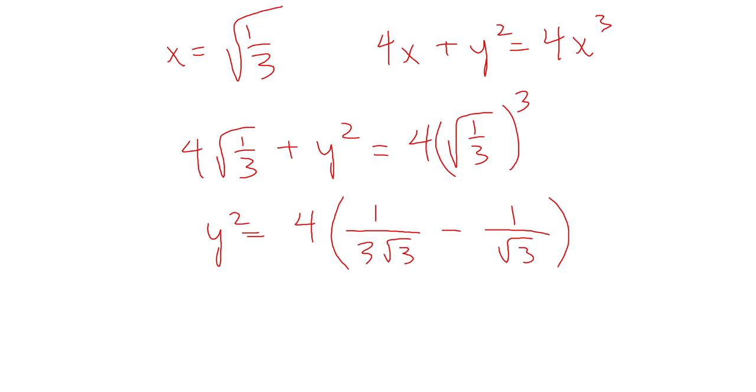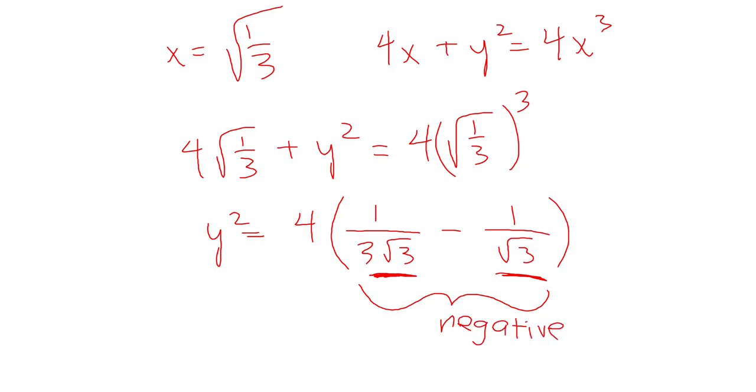And I think if I look at that, I can see that 1 over 3 root 3 minus 1 over root 3, this denominator here is bigger, which means this fraction is a smaller number. So if I'm taking a smaller number minus a bigger number, this thing inside of here is negative.